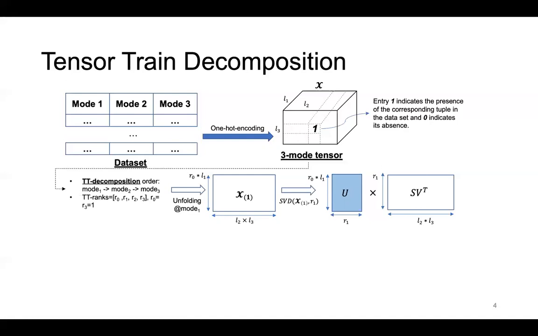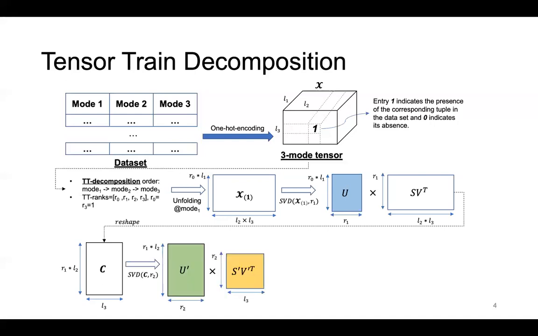And then once we get the S matrix and the V matrix, we multiply them and then reshape this matrix into another matrix, here called matrix C. Once we get this reshaped matrix C, we apply SVD again with the target rank R2 to generate U prime, S prime, and V prime.